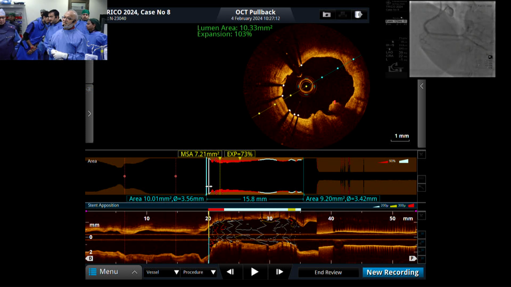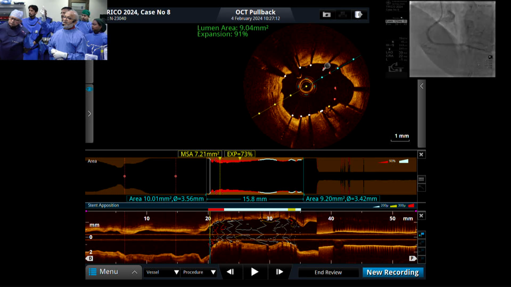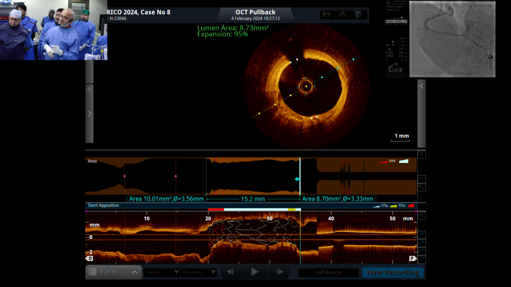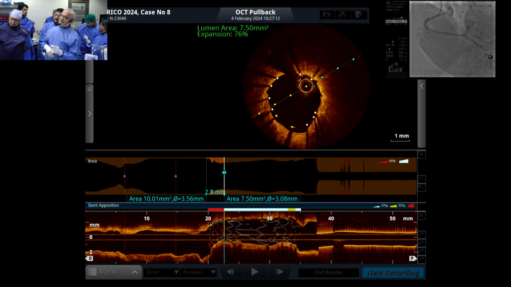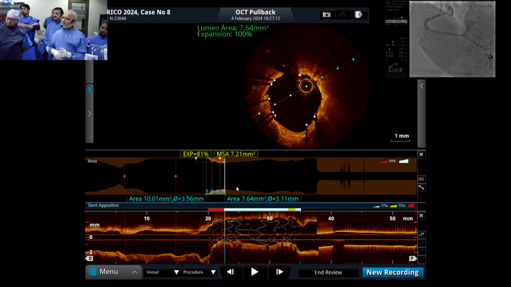Look at this. Here is the distal portion. How many struts are there? 1, 2, 3, 4 incomplete apposition. We expected this, Tejas, right? Completely expected. It's only 3 millimeter, right?